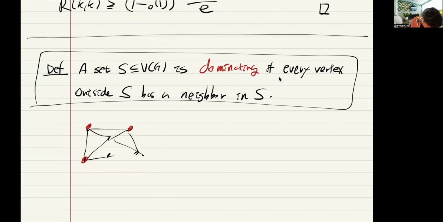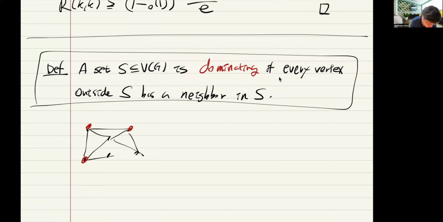Or you can imagine other situations where these are like streets and these are locations, and you want to put policemen so that they guard the places as well as the other places that they can see. And this edge is the relationship that you have a vision on the spot.